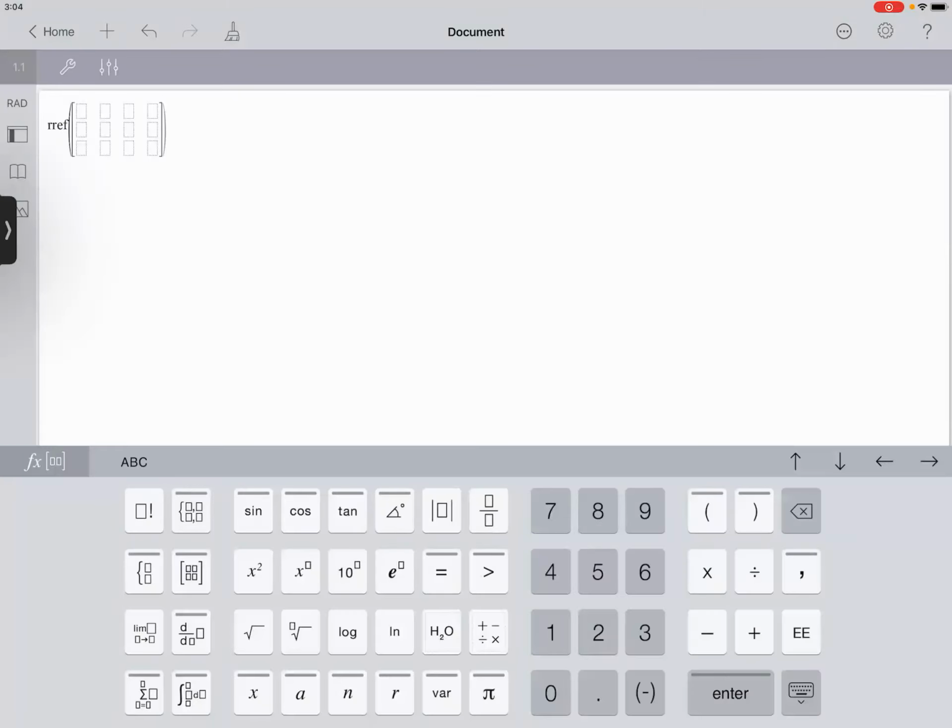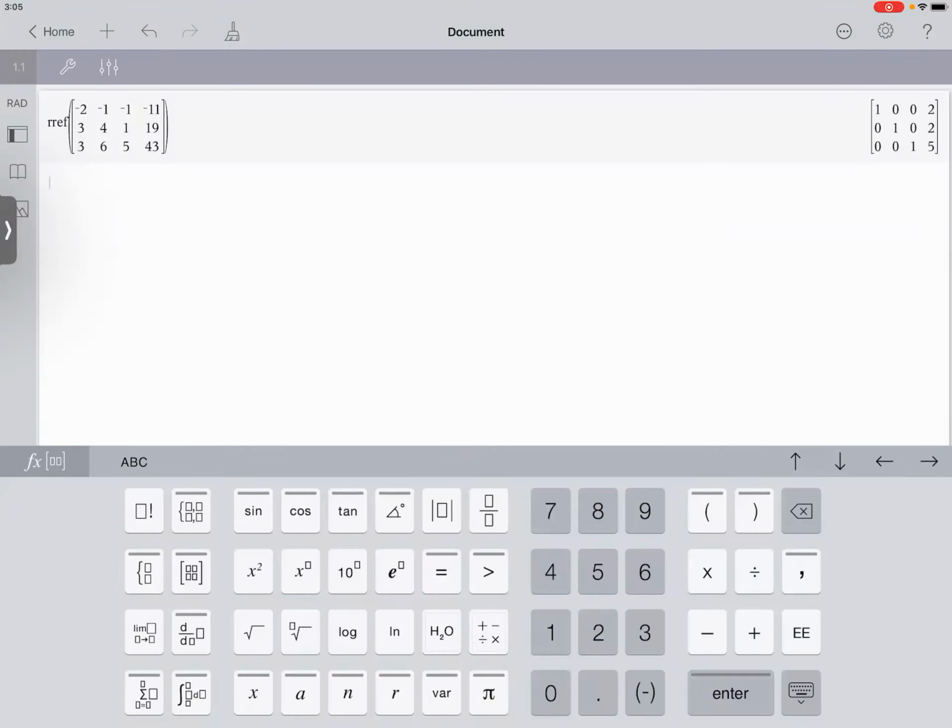And then this will be -2, -1, -1, -11. And then you have 3, 4, 1, 19, and then 3, 6, 5, 43. All right, so we'll enter this. Now we have the answer. It's 2, 2, and 5.